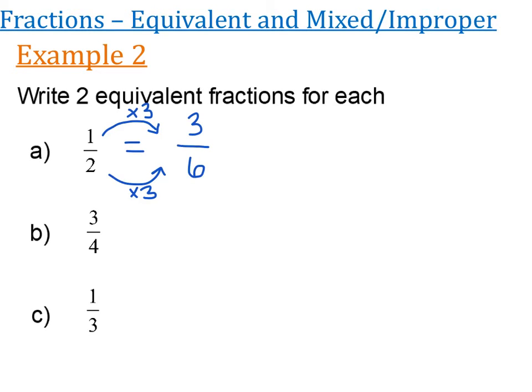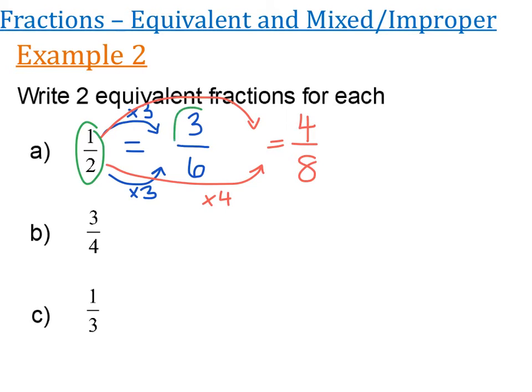So 3/6 is exactly the same as 1/2. I could try that again, and maybe I want to times the top and the bottom by 4 this time. And if I do that, I get 4 out of 8. So now I've got 1/2, 3/6, and 4/8, and all 3 of those fractions mean exactly the same thing. They all mean 1/2.